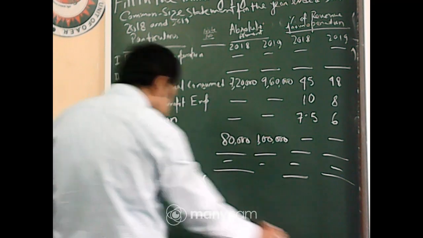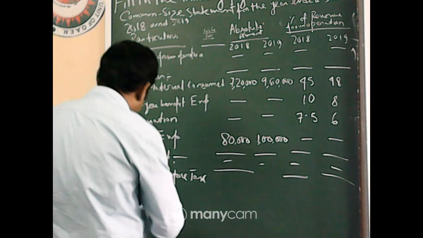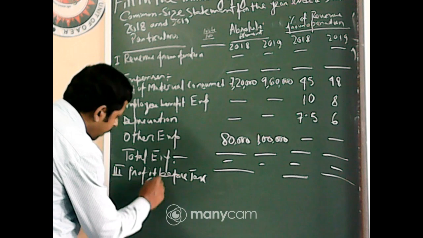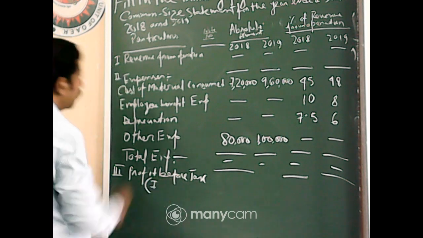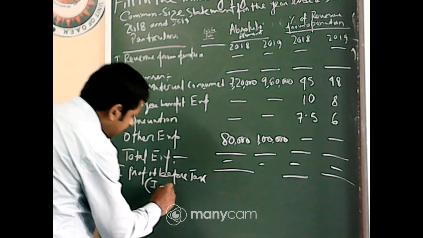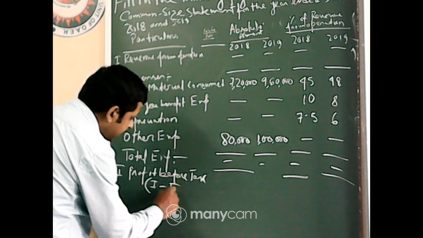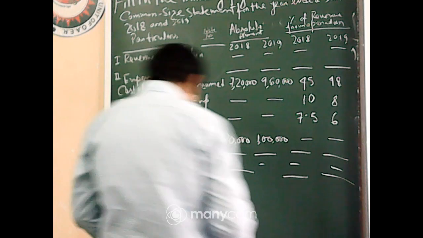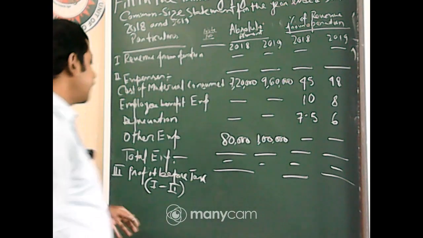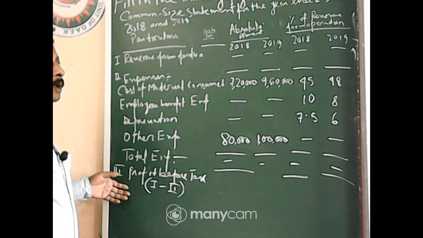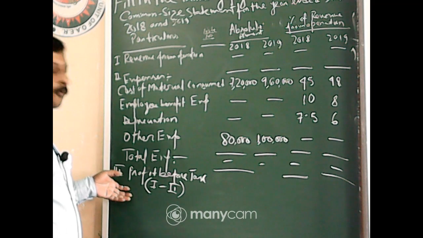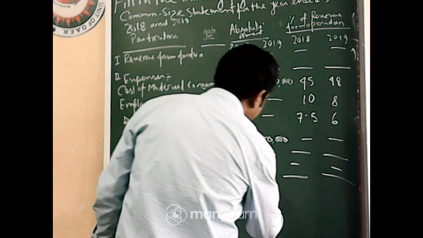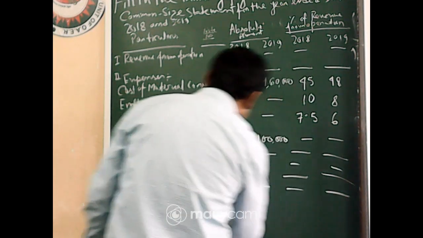You have to calculate and figure it out. From 1, that is your total income, revenue from operation, we deduct the total expenses. Whatever is revealed is profit before tax. Before calculating the tax, whatever profit you have gained is called profit before tax. Now no figure is given, so you have to calculate all the figures.